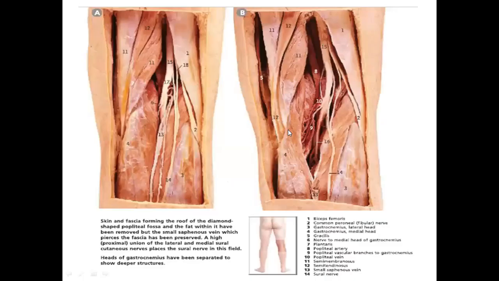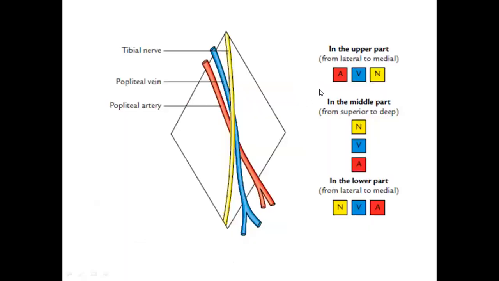Okay, so this is what you see. So in the upper part of the fossa, from the lateral to medial side, we have NVA. In the middle part, from superficial to deep, we have NVA, and in the lower part, from lateral to medial side, we have A, V, and N.